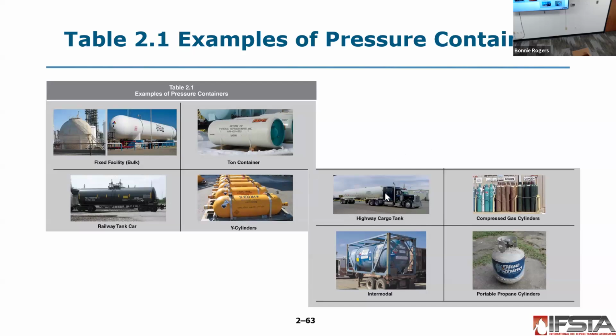Okay, cargo tank, what do you think? Pressurized? Okay. Intermodal, what is intermodal? Between modes of transportation, good. Trains to roadways to maybe flying, maybe ships. Think of the port in Seattle, you see those a lot, and they can stack these.